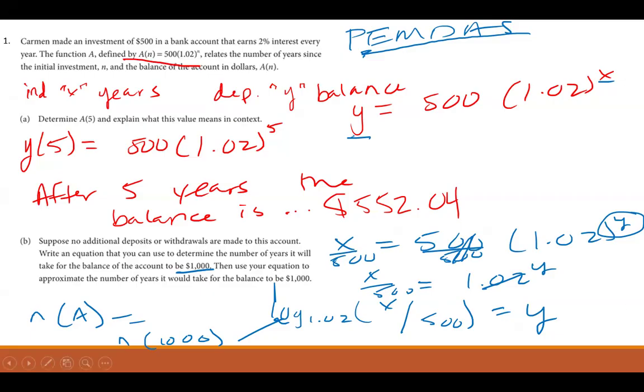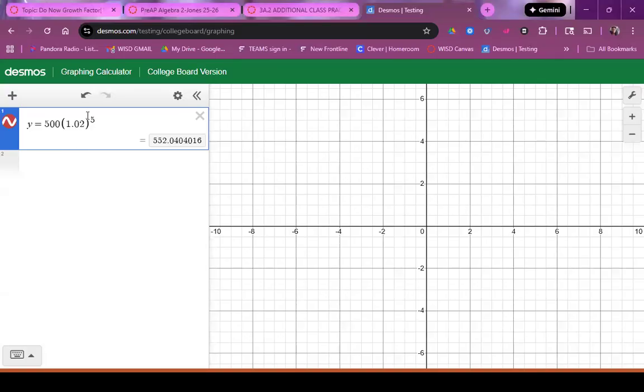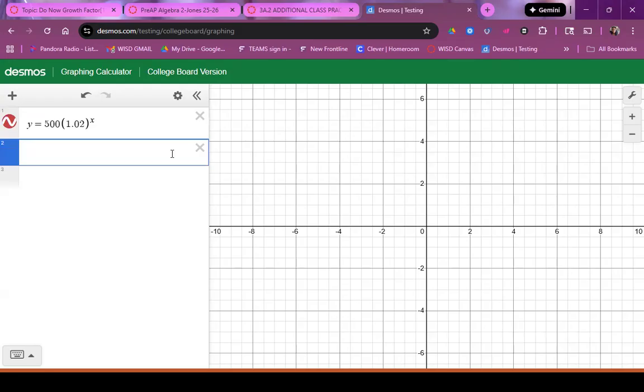I'm going to go back to my Desmos to show you why they are inverses. All right, so you see how I put the 5 here? I'm going to switch this one back to an x. And now I'm going to put in its inverse. y equals log base 1.02 of x divided by 500.